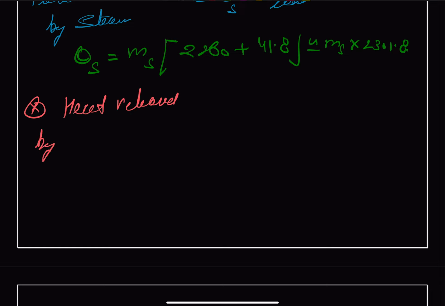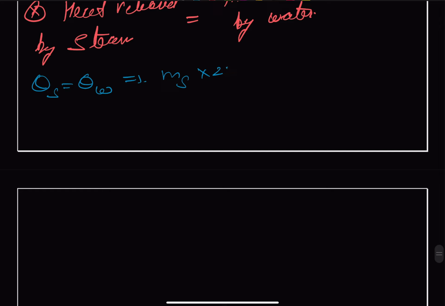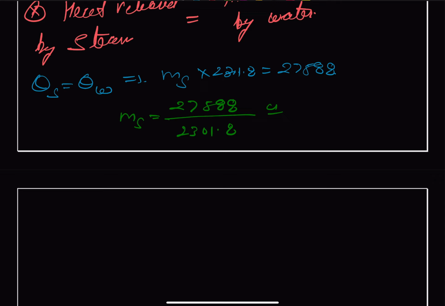So we can say our Qs is equal to Qw, which gives us Ms into 2301.8 is equal to 27588, and this we can say our Ms is equal to 27588 divided by 2301.8, approximately equal to 11.986 grams.